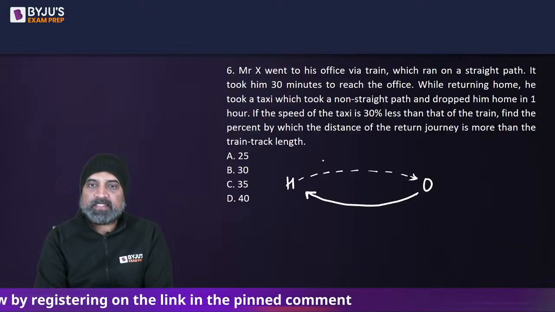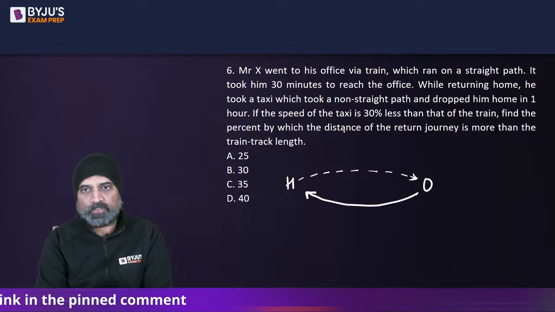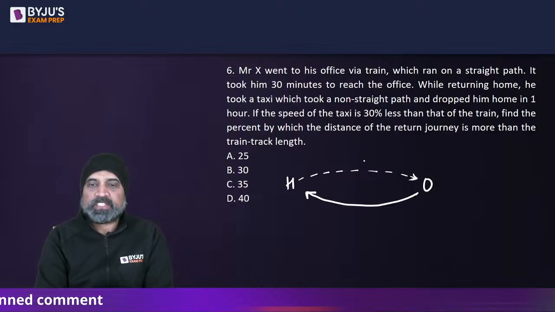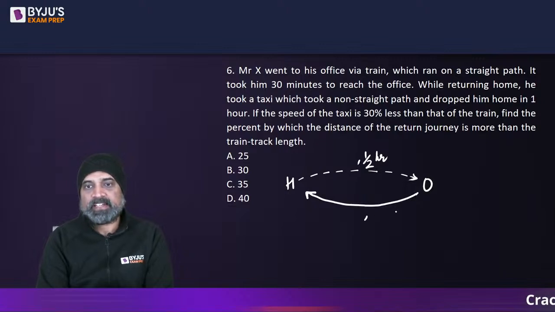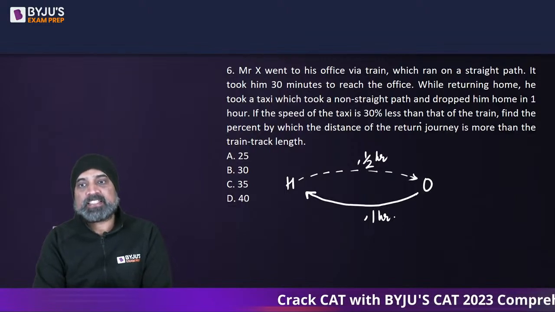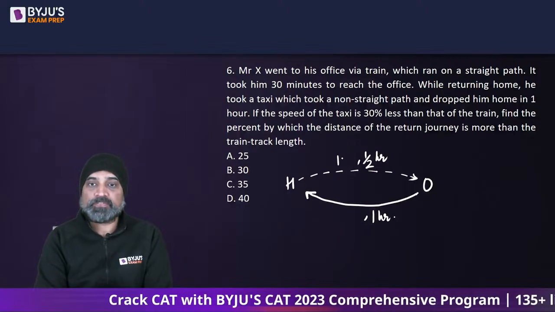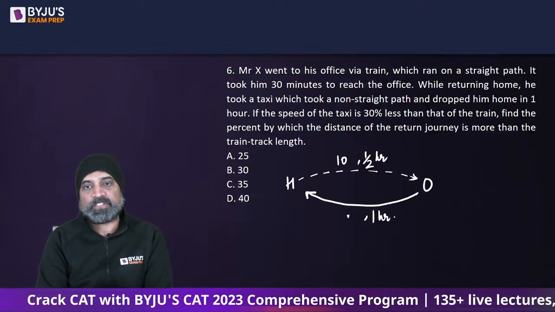Here, let's say the distance is not known, right? Of course, we need to find out that part. The time here he takes is half an hour, and the time he takes while coming back is an hour. Now, the speed of the taxi is 30% less than that of the train. That would mean if the speed of the train is 10, the speed of the taxi is 7.